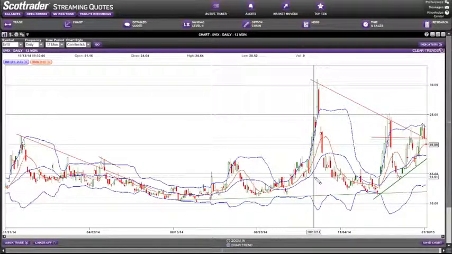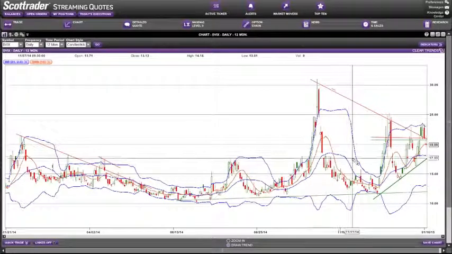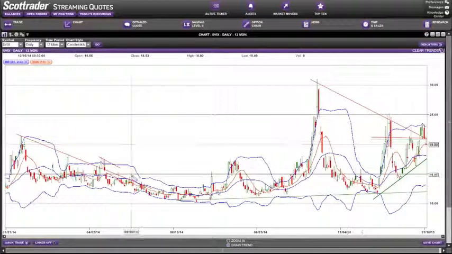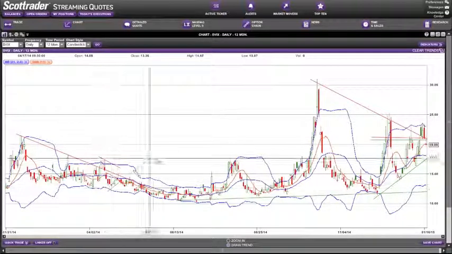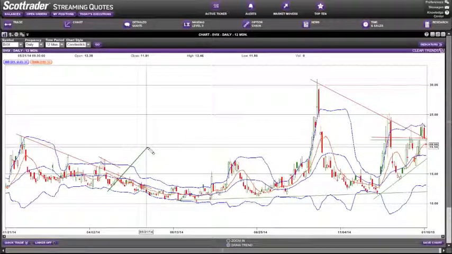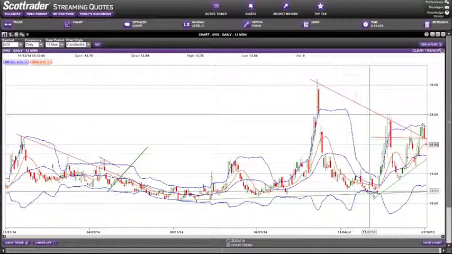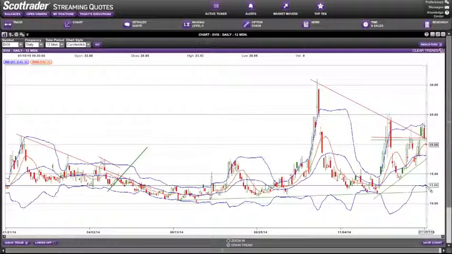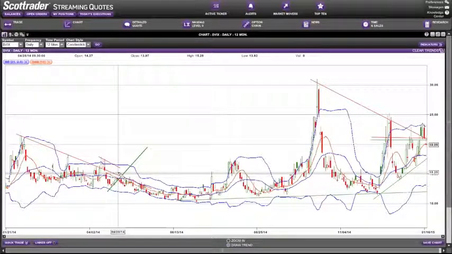Got a nice little wedge forming here. Same thing that was happening there too, but it's a pretty long wedge. That's way back there. December 5th. 414. Huh.